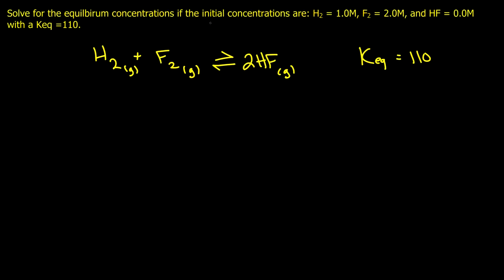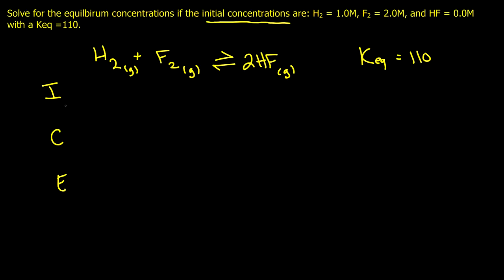All right, key words here. Initial concentrations. When you see initial concentrations and you have some values for that, that means you're going to do what's called an ICE table. Some people also refer to it as a RICE table. So I'm going to set up an ICE table. R would stand for the reaction.